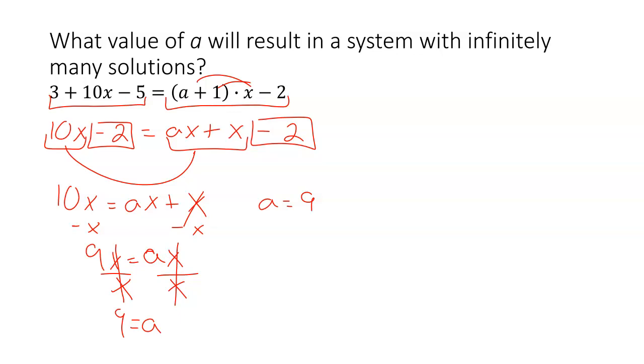Our coefficients were the same, but our constants were different. So we'd have to make sure the value of a made the coefficients the same and the constants different. We're going to see something similar a little further on with some more systems.